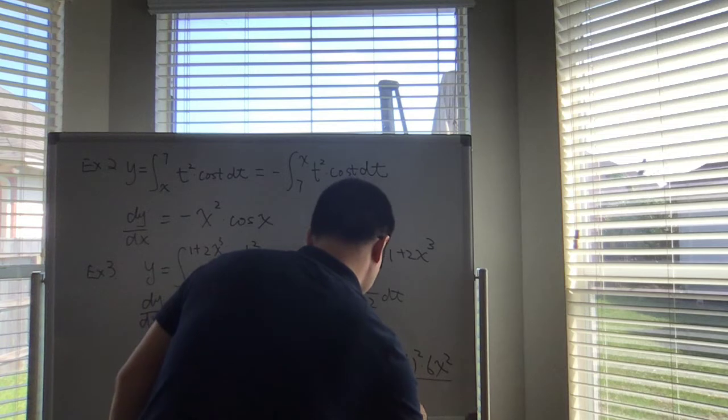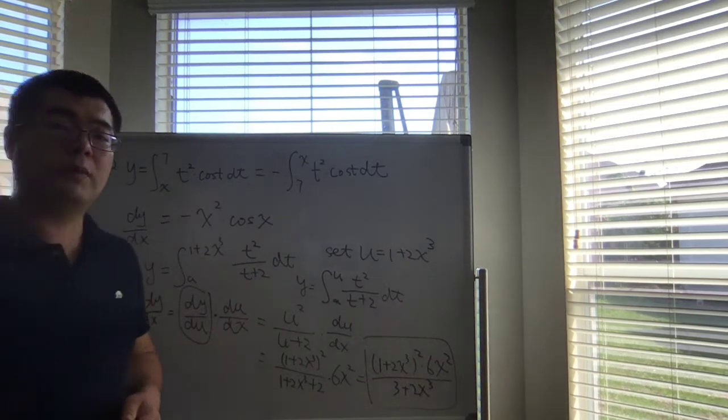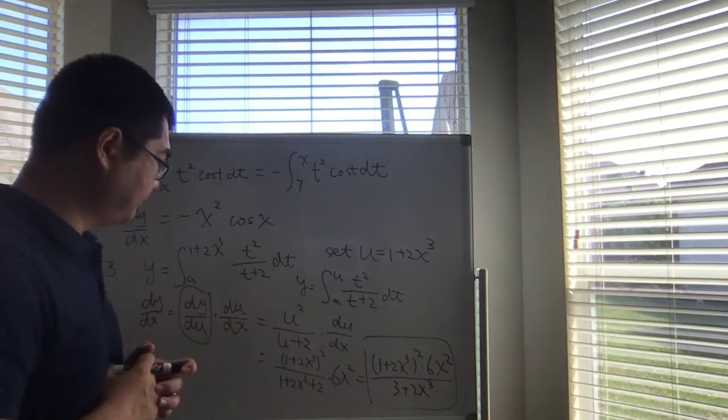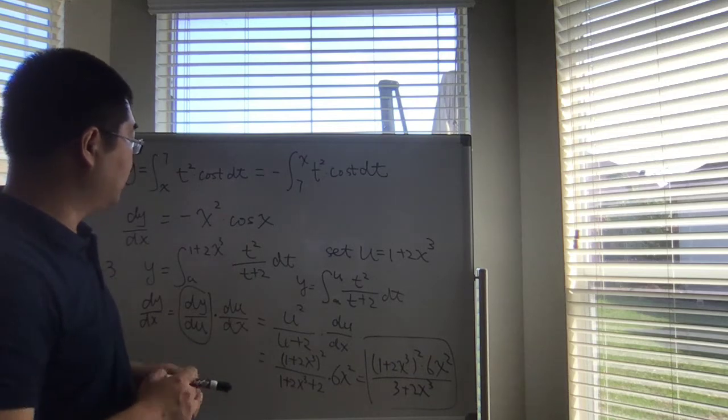So it's 3 plus 2x cubed. Okay, so we finished this problem. And yeah, let's just use the chain rule to handle this.